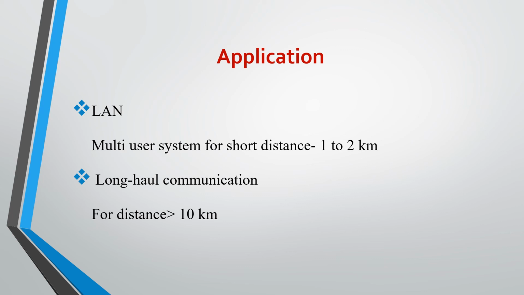LAN operates over short distances of about 1 to 2 km. It is a multi-user oriented system. In LAN, a number of computer terminals are interconnected over a common channel, allowing each computer to use data and programs of any other. An optical data bus offers a great reduction in cost and increases the information handling capacity.